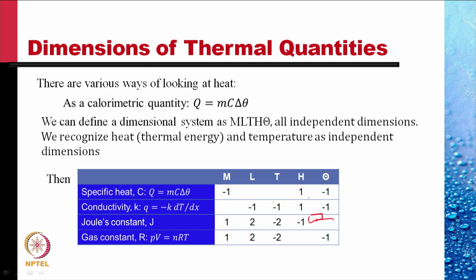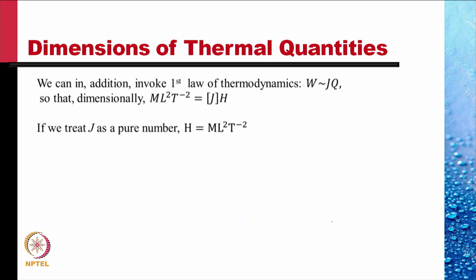Similarly, the dimension of gas constant R, from PV equals nRT, n is the number of moles, is obtained as this. Now, we can complicate this a little bit.